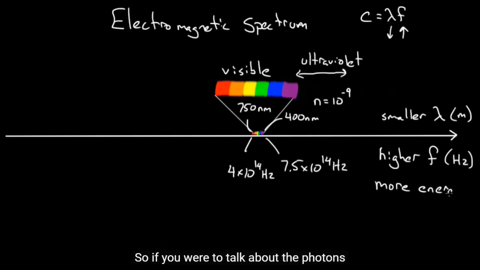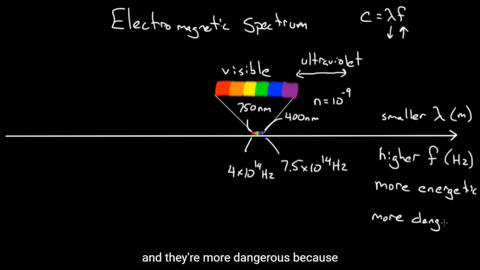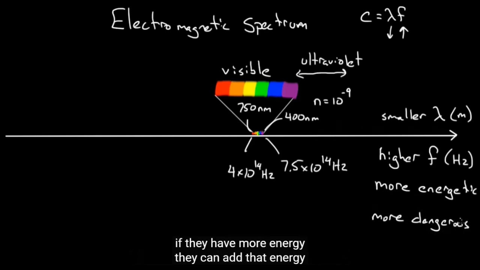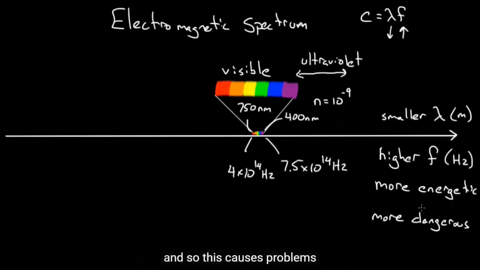If you're talking about the photons that make up this light, quantum mechanically, those photons have more energy as you go higher in frequency. That means they're more dangerous, because if they have more energy, they can add that energy to your cells and break them apart and cause damage. So this causes problems as you go further out this way. So we put on sunscreen to protect ourselves from ultraviolet light.